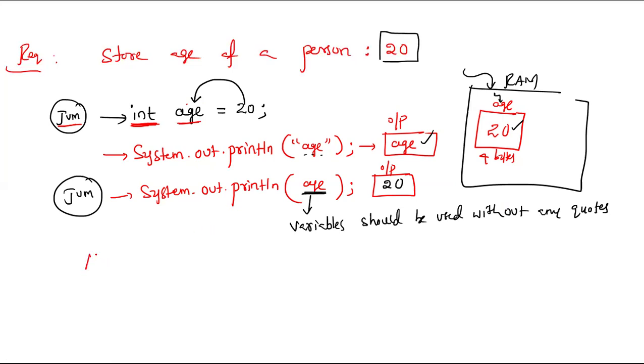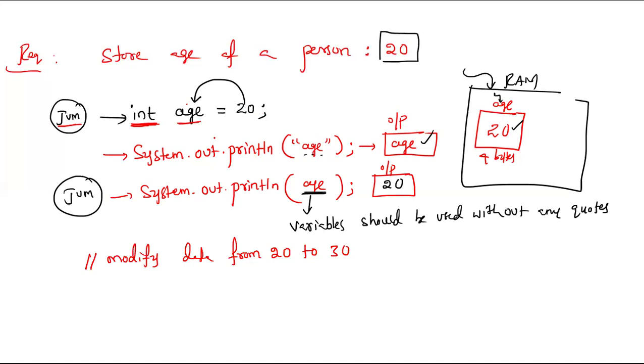The next question: is it possible to modify the data? So for my next requirement, I'm using a double forward slash, which means a commented line in a Java program. So here, modify data from 20 to 30. Assume that some misinformation is given as 20, but the actual information is 30. So we have to correct that. Then I don't want to declare a new variable.